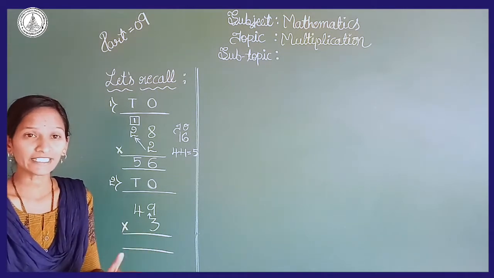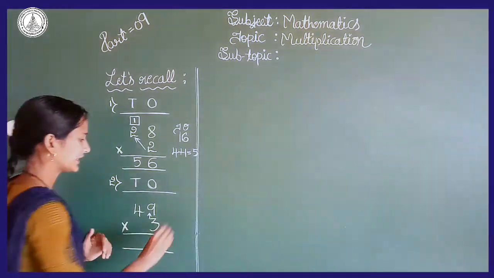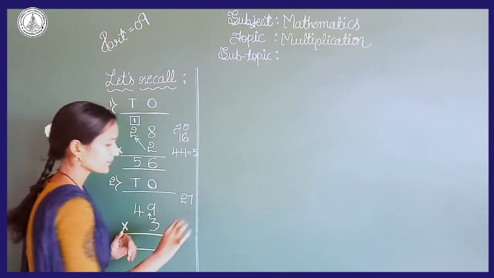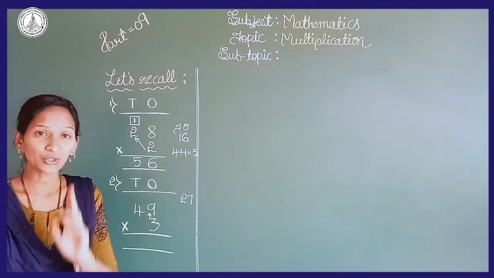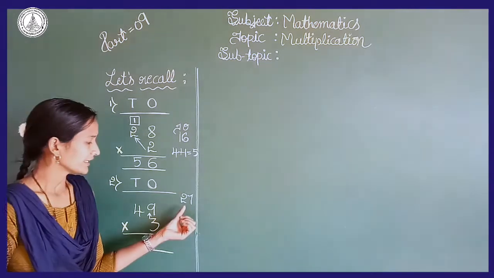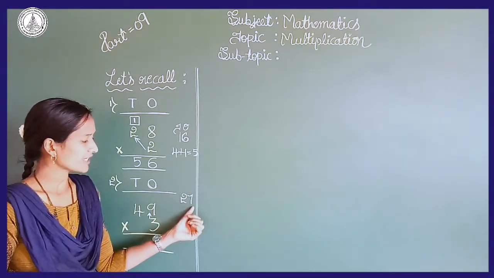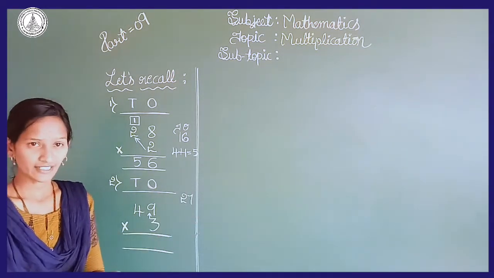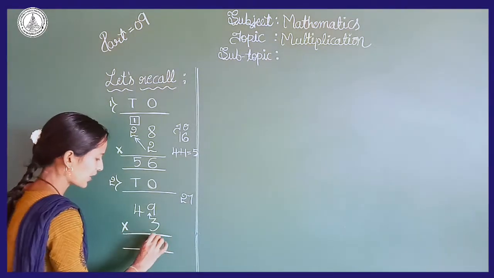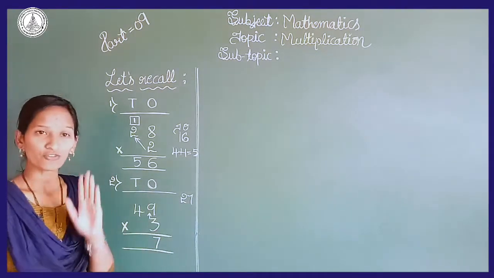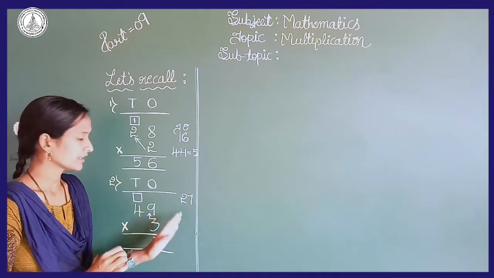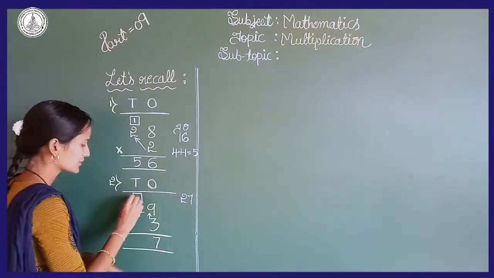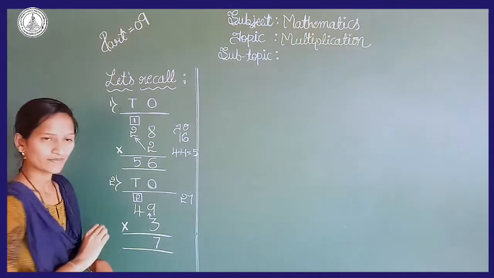In the table of 3, 3 nines are 27. In 27, it is a two-digit number, but it has 2 tens and 7 ones, right? So I am writing this 7 under the column of ones and I am giving carry 2 to the next column, that is tens.